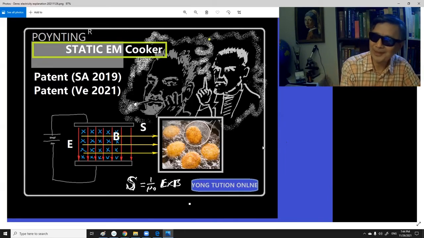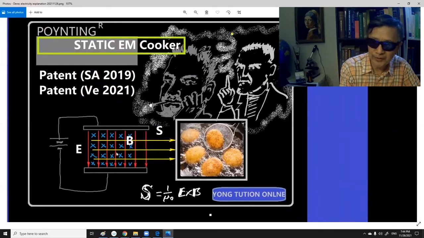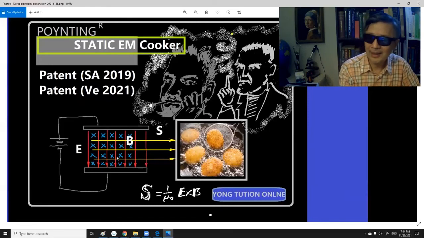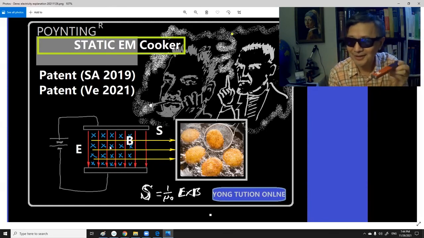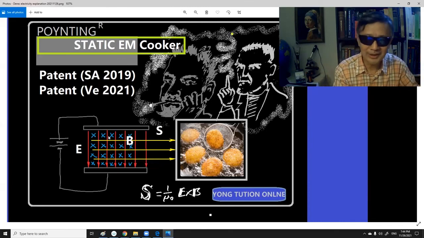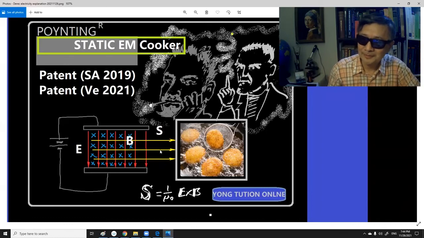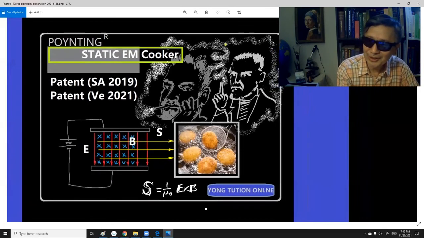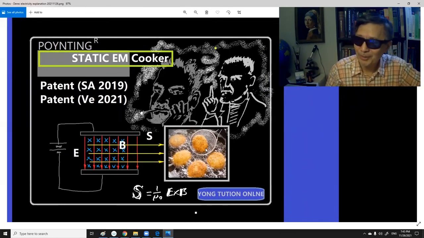From this diagram, you can see that we can simply build a uniform electrical field by using a capacitor. And then if you just use some permanent magnet, which costs nothing, and build a uniform magnetic field perpendicular to that electric field, indeed you can create a direction which is parallel to the vector product. But can you actually use this energy to achieve energy transport?